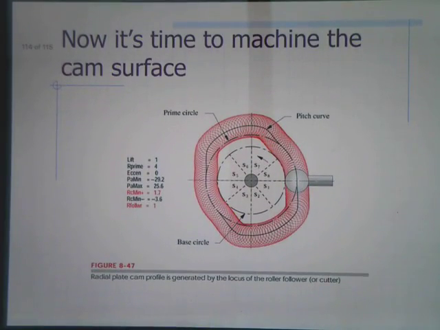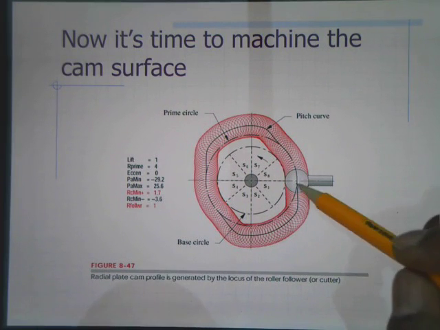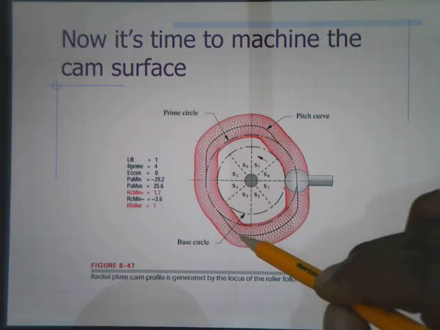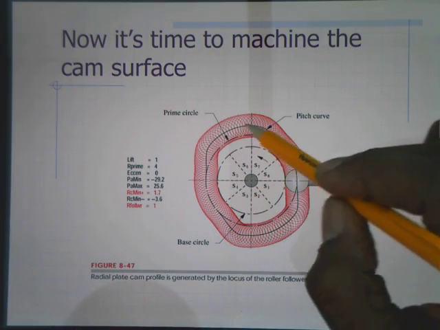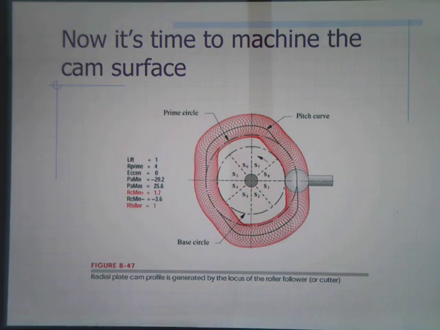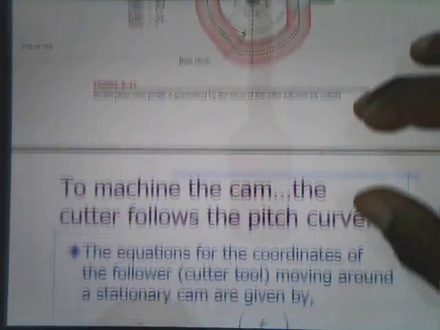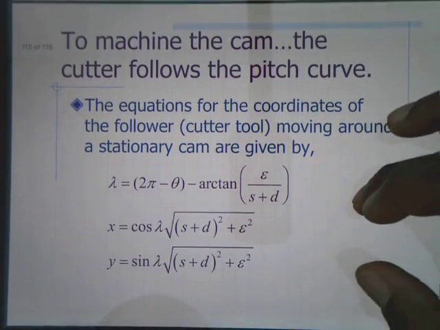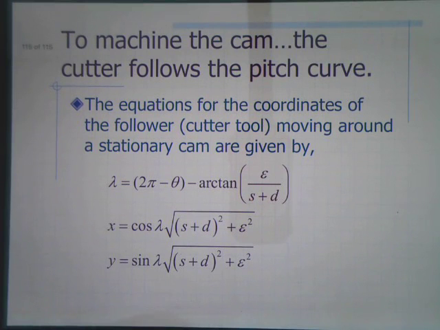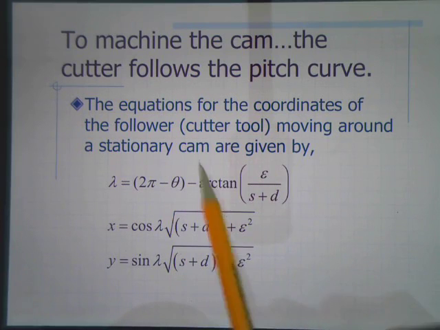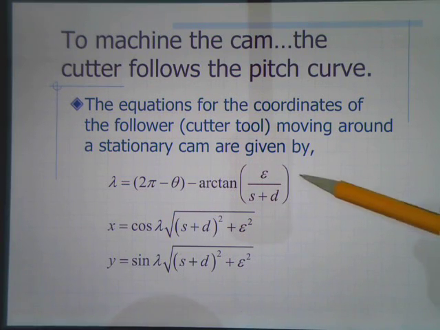Now it's time for us to machine the cam surface, and to do that we need to find the XY coordinates that our machine tool will follow, and these are those equations. To machine the cam, the machine cutter follows the pitch curve. So the equations for the coordinates of the follower or the cutter tool moving around a stationary cam are given as follows.